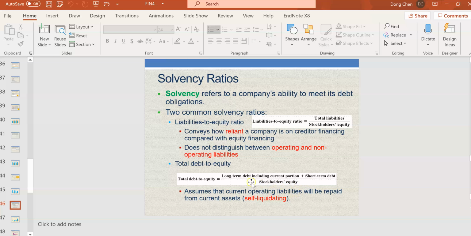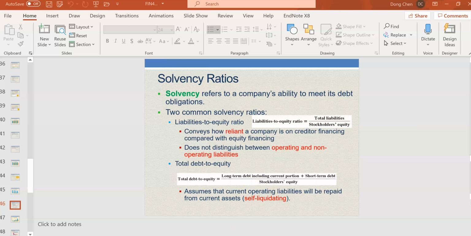So basically, the numerator here is the interest-bearing part of the liabilities. So it doesn't include items such as accounts payable, and probably some accrued expenses, which do not pay interest.